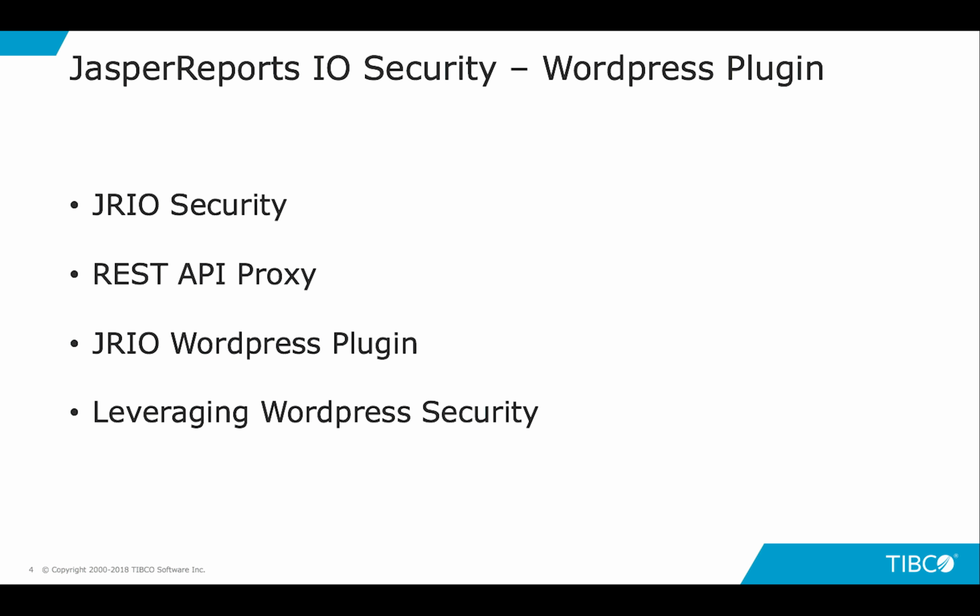We'll first take a look at JasperReports IO security in general. Then we'll see how to proxy the entire REST API that JasperReports IO exposes behind the parent application. We'll see how the JasperReports IO WordPress plugin was created, in order to embed reports and data visualizations into blog posts and pages.